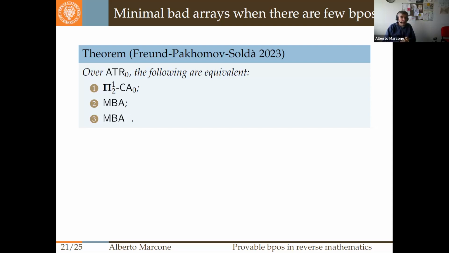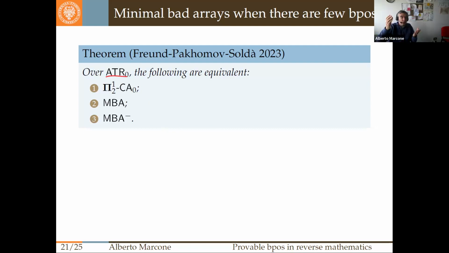They were able to prove that both the full minimal bad array lemma and this weak form are equivalent to Pi^1_2 comprehension. But notice that the base theory for this equivalence is actually ATR_0. So you already assume ATR_0, where you can develop some basic theory of better partial orders. And over that theory, you prove that MBA and MBA minus are both equivalent to Pi^1_2 comprehension.